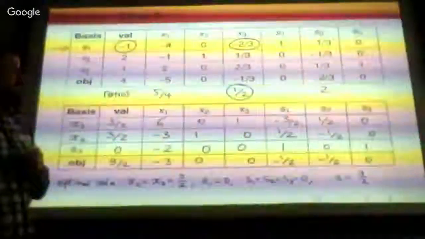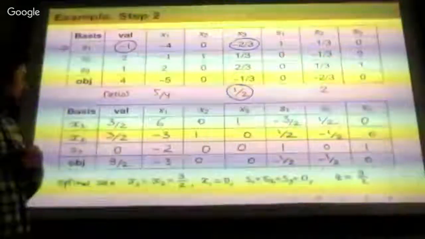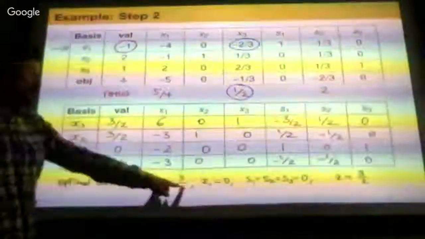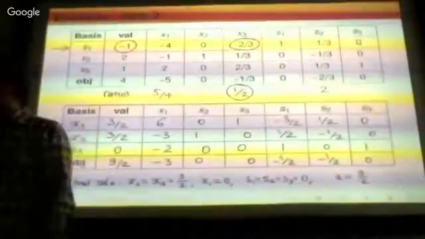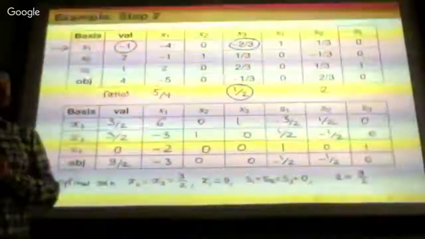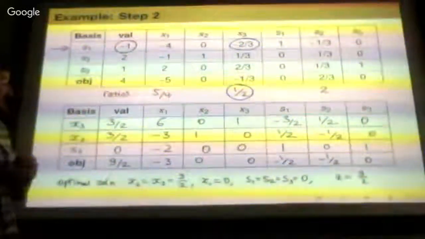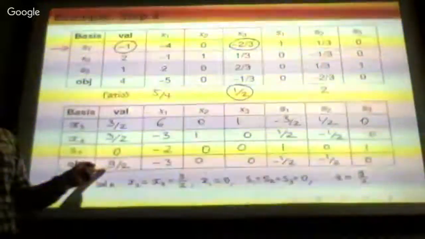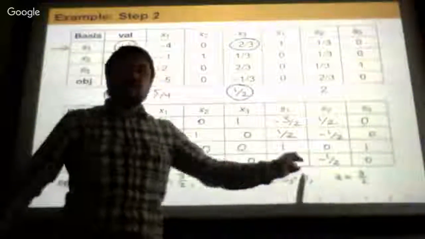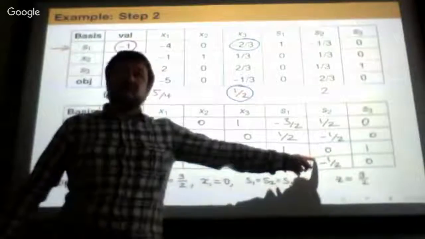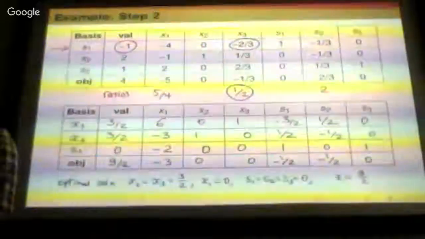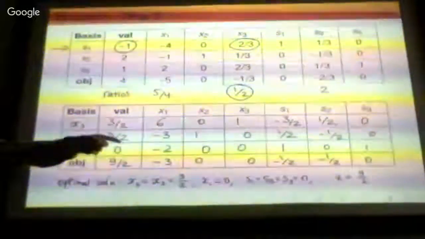It happens that the optimal solution is this, but you can also read off the optimal solution of the dual, where the objective of the dual will always be the same, and y1 equal 1/2 and y2 equal 1/2 will be the optimal solution of the dual. This is what you see in the tableau.